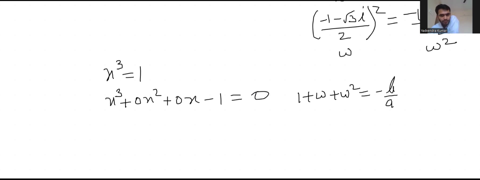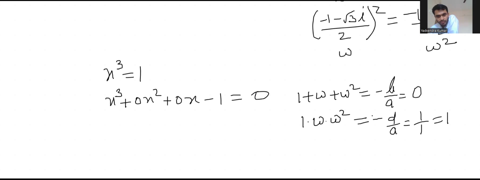So this will be 0, right? Now the product of roots, 1 into omega into omega square, is going to be minus d by a. But this d is minus 1, so plus 1 by 1, that is 1.